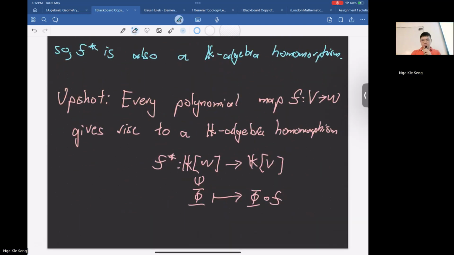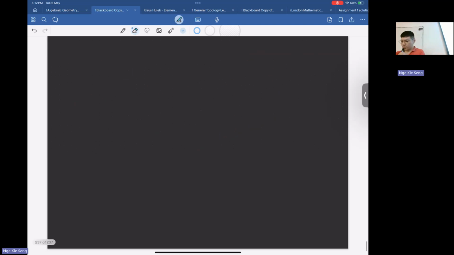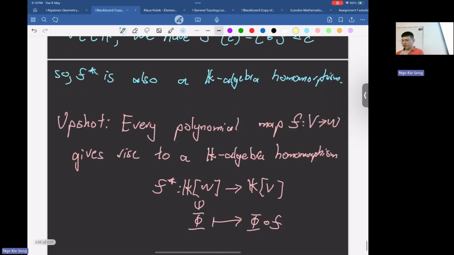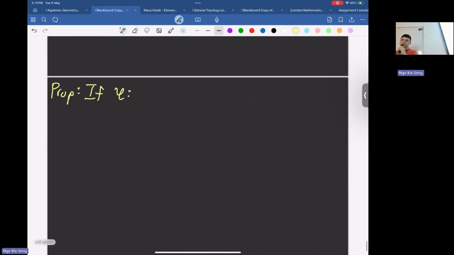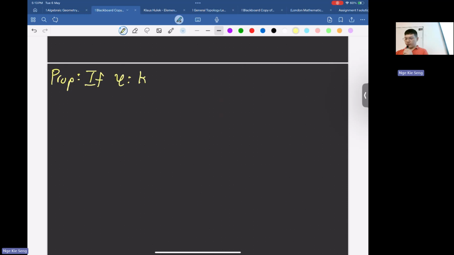Right. What's the next thing we're going to do here? Let's go a bit faster. The next proposition: just now we said that if I give you a polynomial map, then you will have a K-algebra homomorphism by this pullback. Now if I start with a K-algebra homomorphism, then actually we can work backward.